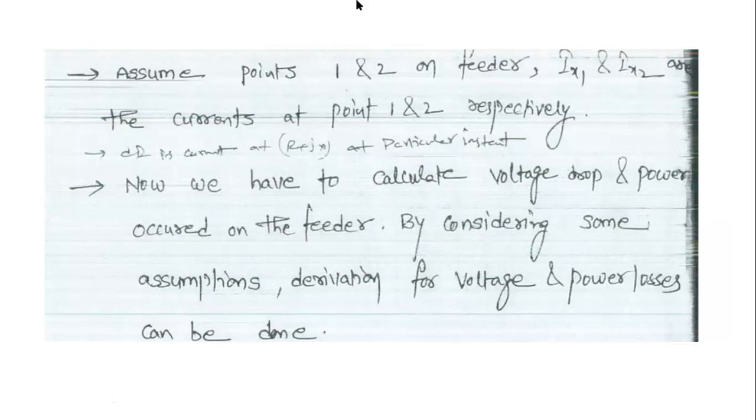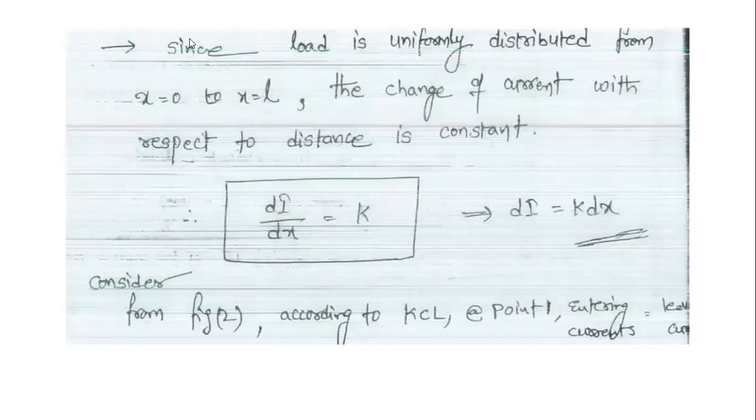For the derivation of the voltages and power losses, the load is uniformly distributed from x equal to 0 to L, over the whole length of the feeder.